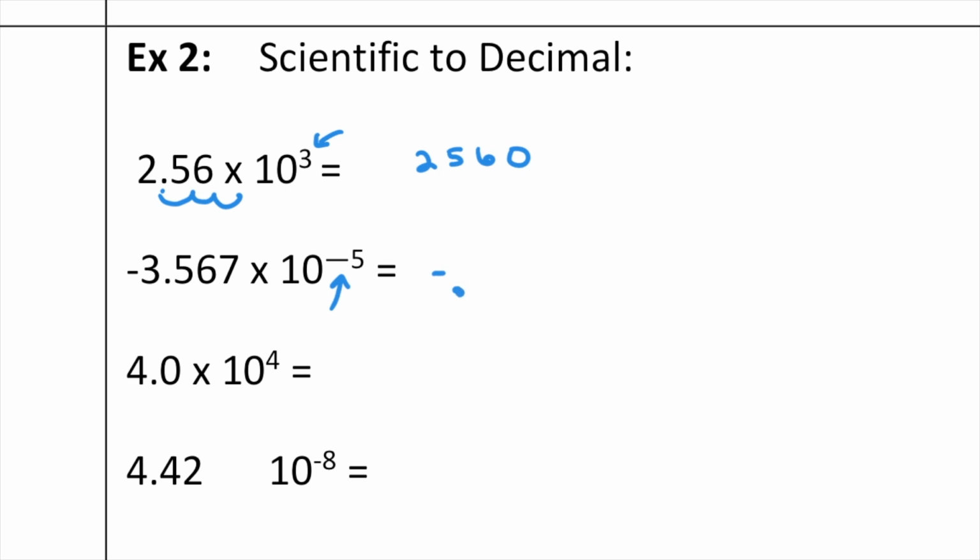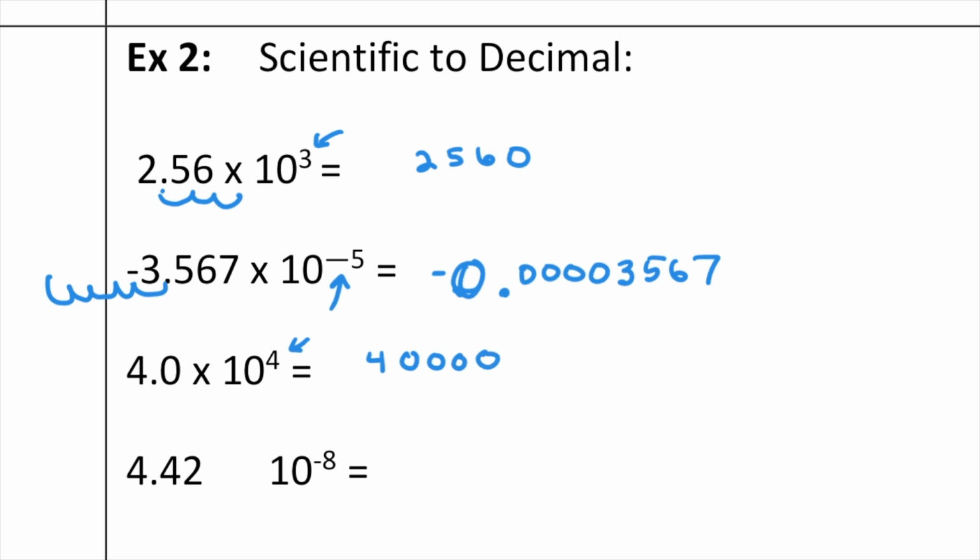Let's put a 0 first, 0 point, and how many places do we want to move this decimal? 5 places, 1, 2, 3, 4, 5. So we're going to fill in 4 zeros, then we'll have our 3, 5, 6, 7. Next one, we have a positive exponent. We want a larger number. Move that decimal 4 places, and we now have 40,000.